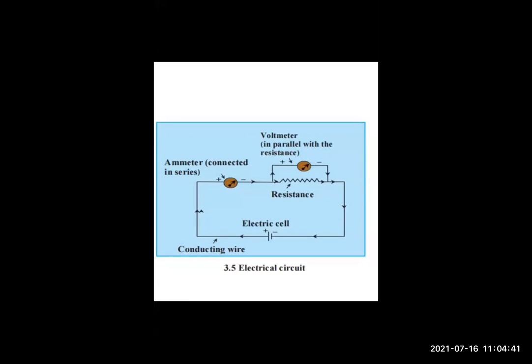The positive terminal is connected to the positive terminal of the ammeter, which is connected in series. Then it goes to the resistance and the voltmeter. The voltmeter is connected in parallel with the resistance. Then the wire gets connected to the negative terminal. So that is a continuous path, right? In this continuous path, what is flowing? Electric current is flowing. Yes.